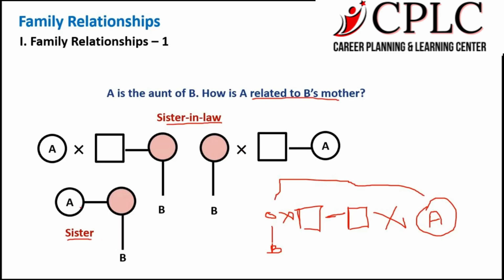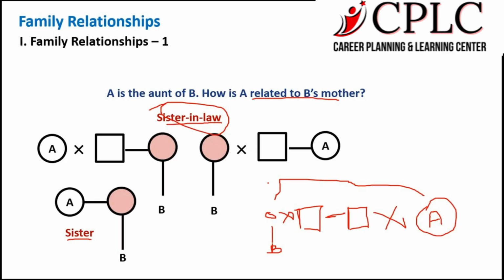So basically what is happening here is that one possibility, the Masi wala possibility to be specific, is giving you one answer, sister, whereas the other three possibilities, which are Mami, Bua, and Chachi, are giving you the answer sister-in-law. Technically, in such scenarios, the answer cannot be determined because we are getting multiple possibilities.